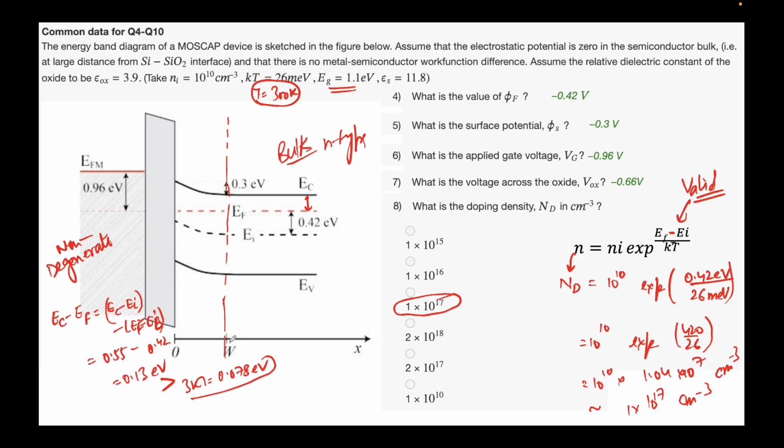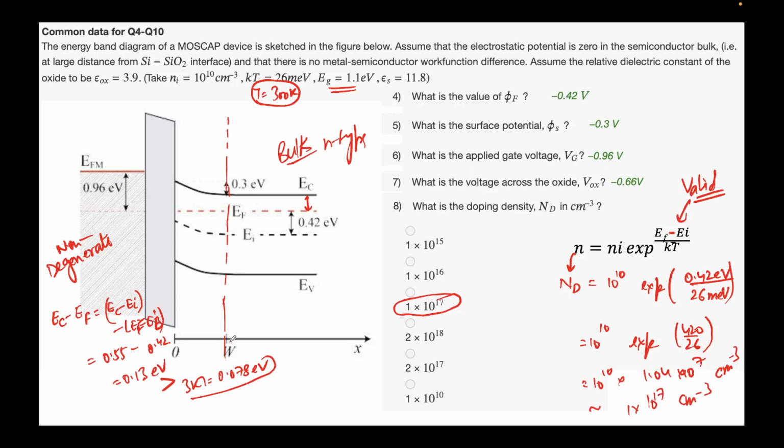All right, so we identified that this n-type bulk semiconductor is doped with 10 to the power 17 cm minus 3 dopant atoms. Finally, we are required to find the width of the depletion region, W. Remember I've been saying that this has been depleted, right? And I've also been saying that we are applying some Vg equal to minus 0.96 volts, so around 1 volt of negative bias to deplete this semiconductor.